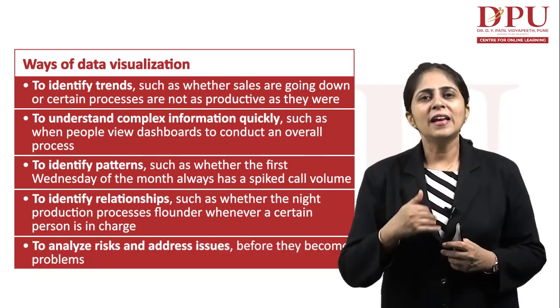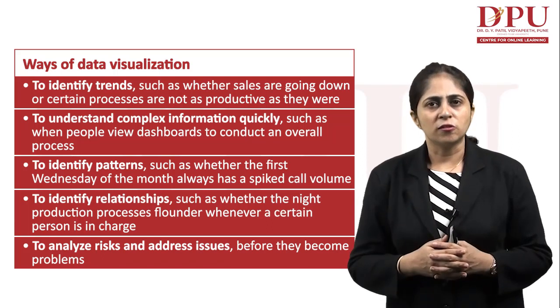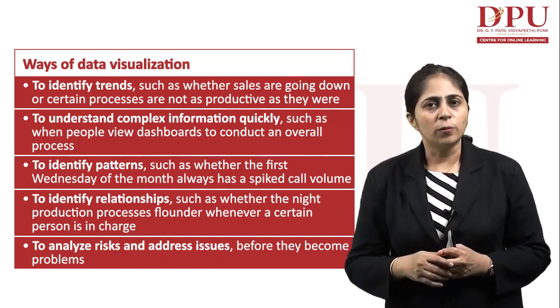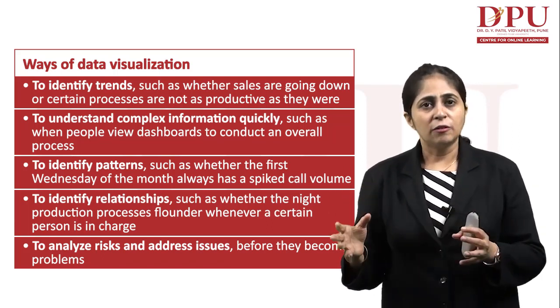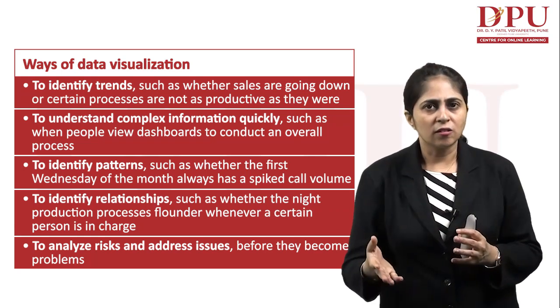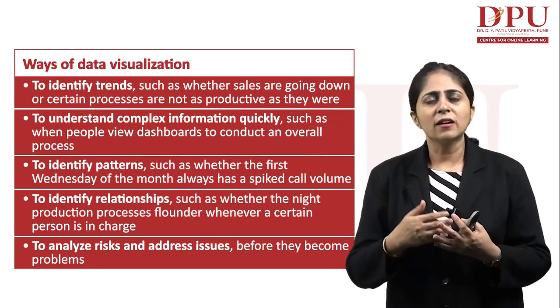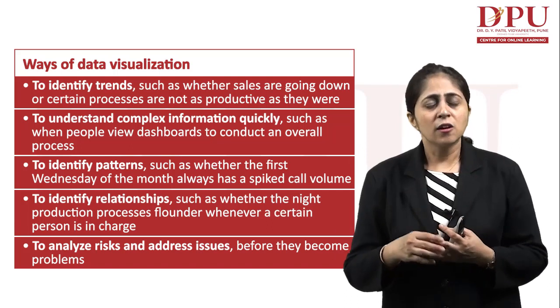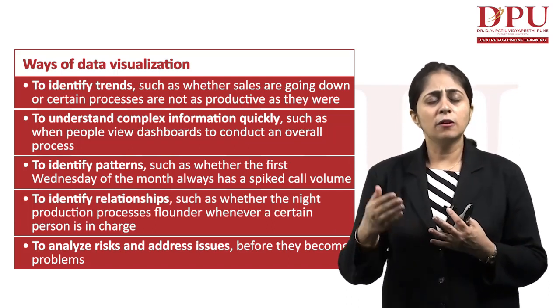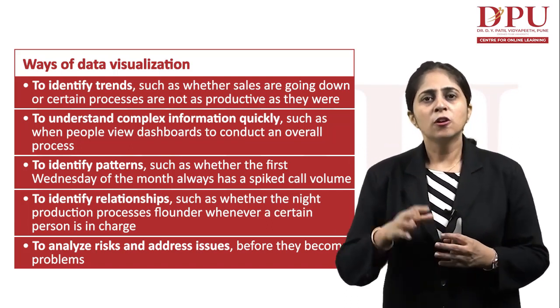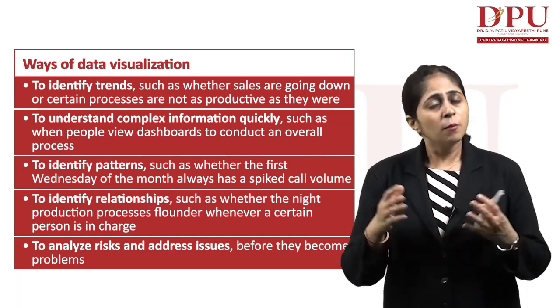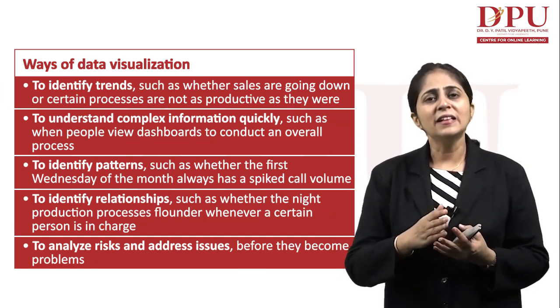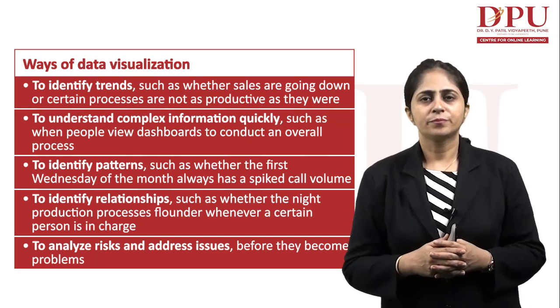Then to analyze the risk and address issues before they become problems. That means if we want to analyze whatever risks may occur, we can take certain preventive measures to avoid those risks. But what is required first? To analyze those risks properly.